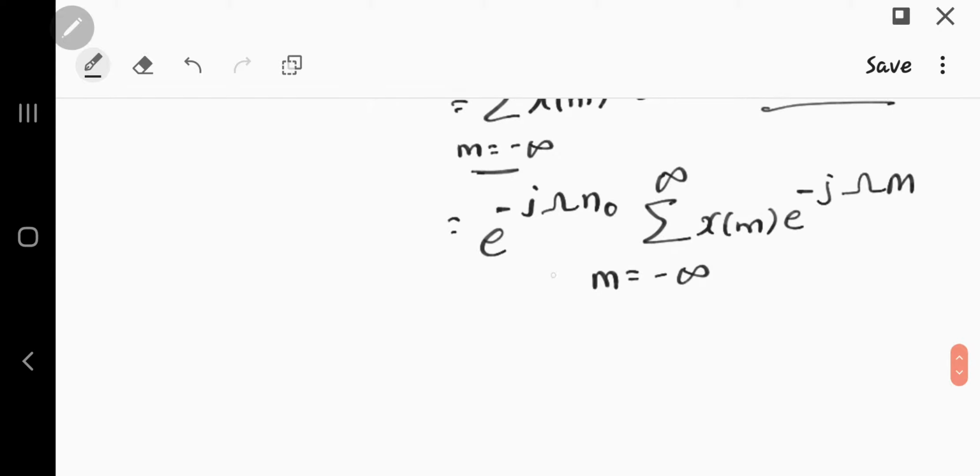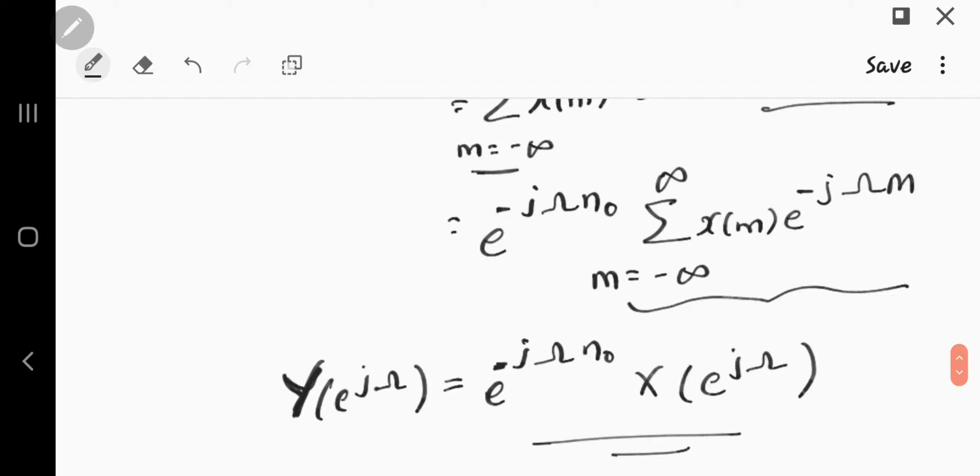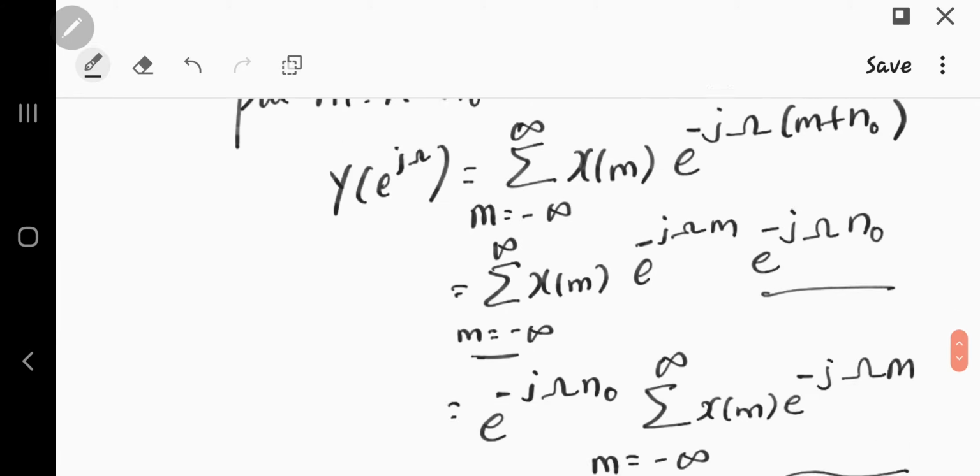Now this term here is nothing but our Fourier transform definition, or you can see equation 1 that we represented. So based on that we can write this as e power minus j omega n naught into X of e power j omega. So here we have Y of e power j omega. So this is the proof for the time shifting property. So let's move to the next one.